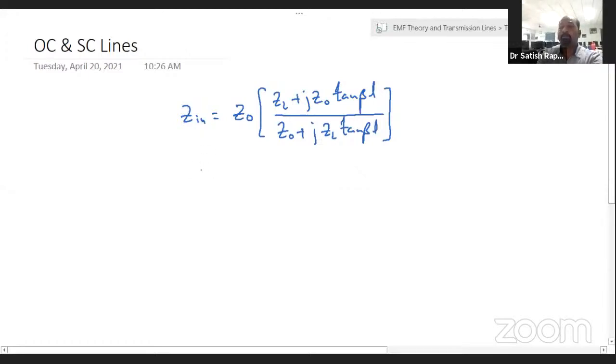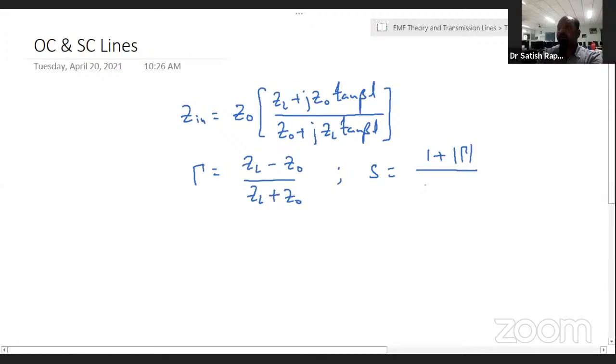Similarly, the reflection coefficient is equal to ZL minus Z naught divided by ZL plus Z naught, and the voltage standing wave ratio is 1 plus capital gamma divided by 1 minus capital gamma. These are the three important parameters we know regarding transmission lines.